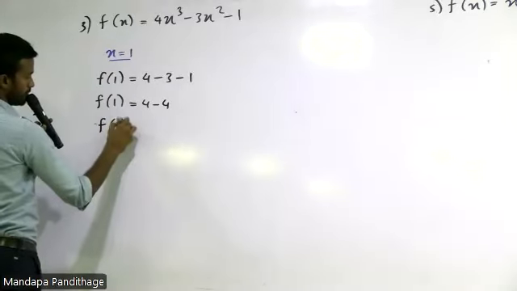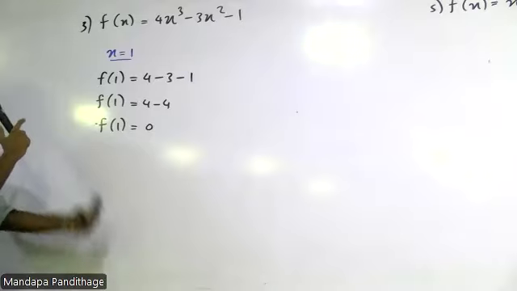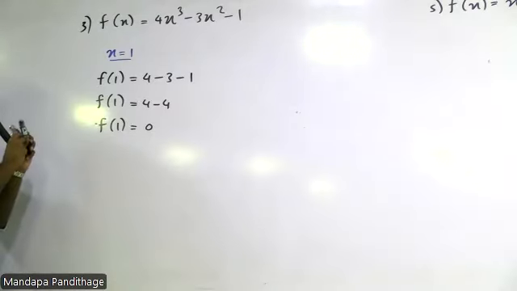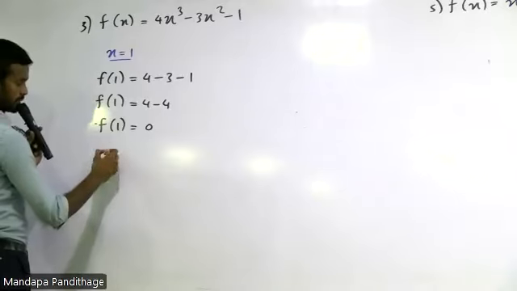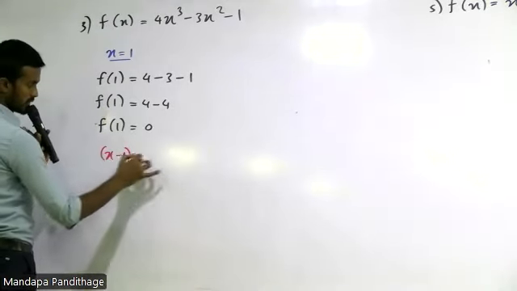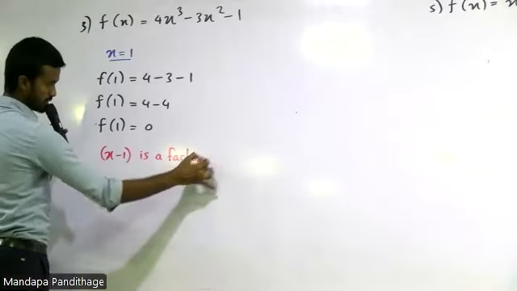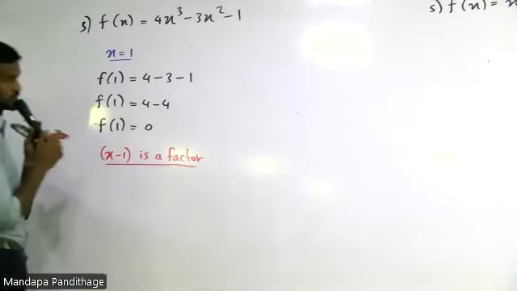Then if f(1) is equal to 0, there is nothing to discuss. If there's anything unclear, you can look at the board, and don't make me repeat it. f(1) equals 0, so I can write x minus 1 is a factor. That is what we can write from the converse of the factor theorem.